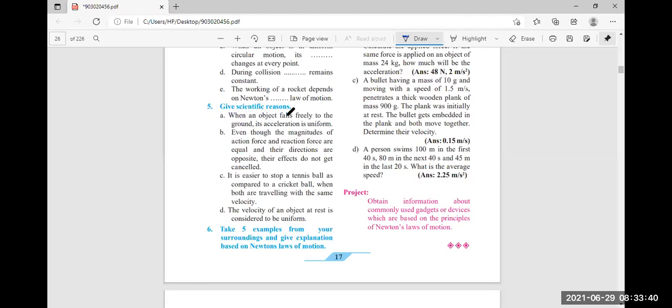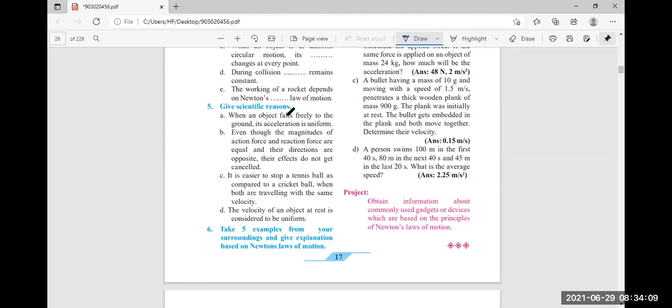Every action force has an equal and opposite reaction force which acts simultaneously. Yes, correct. In the form of force.